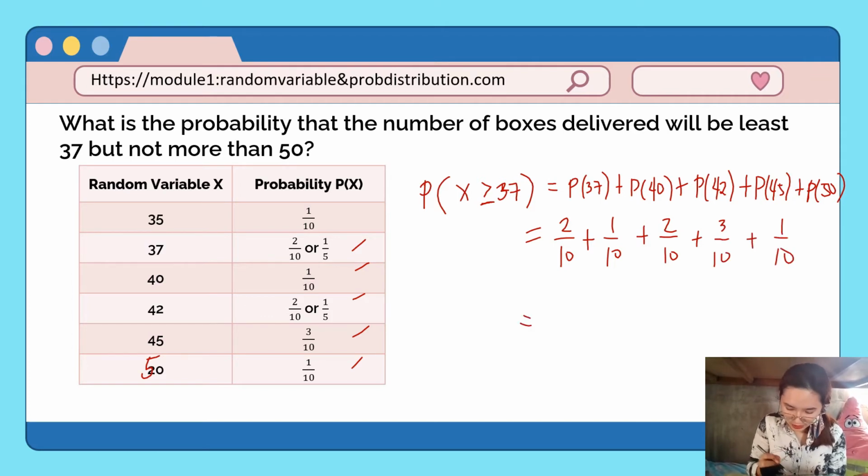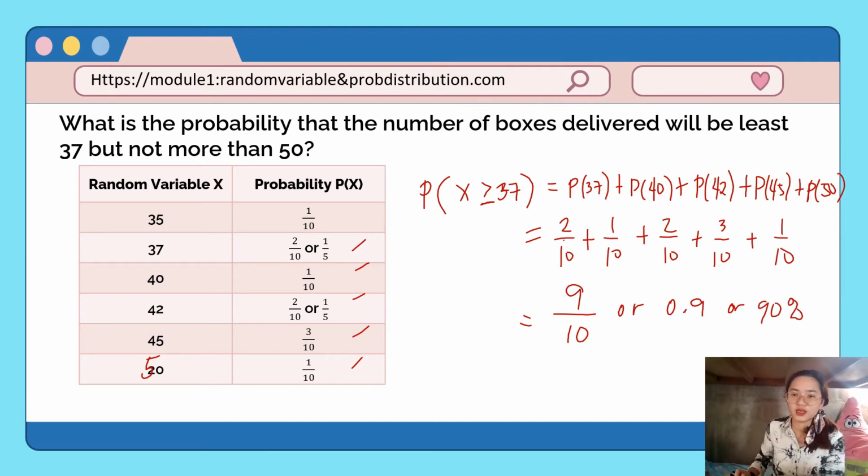So, napakadali lang naman i-add yan dahil same lang naman na denominator. So, 2 plus 1, 3 plus 2, 5 plus 3, 8 plus 1 is 9. So, 9 over 10, or that is 0.9 or 90%. Ang probability is 9 over 10 or 0.9 or 90%.